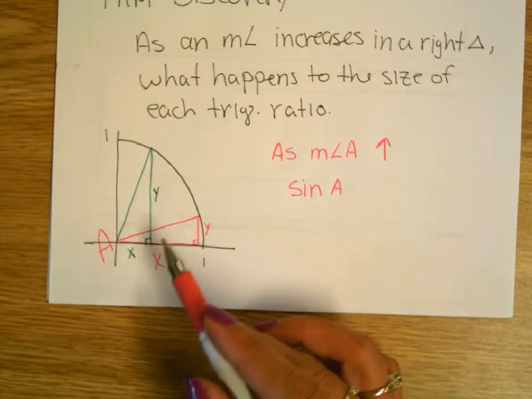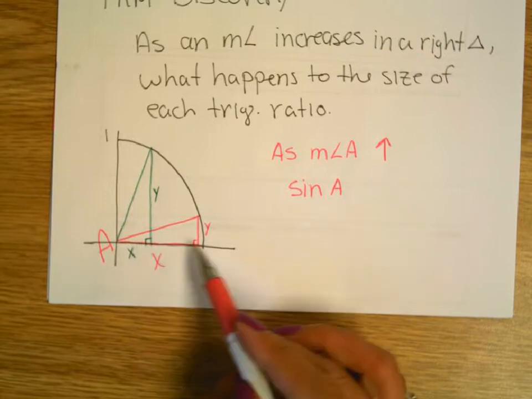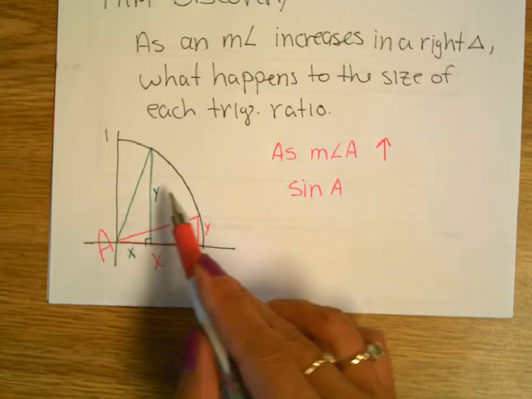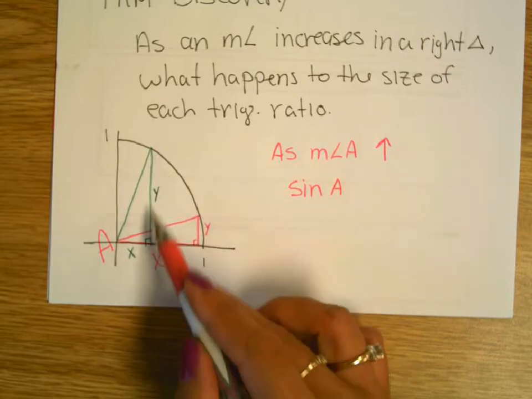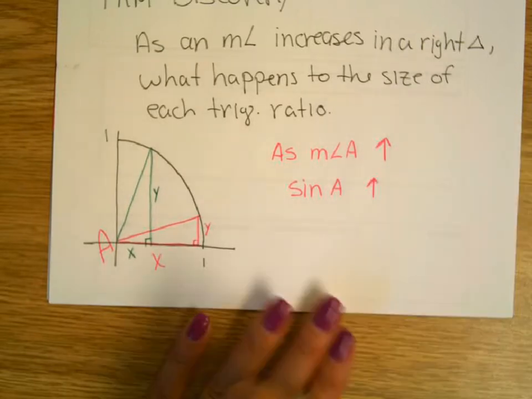Which letter is giving me sine again? X or Y? Y. So, when A is small, you see the Y leg is small. As the angle gets bigger, what's happening to that Y leg? It's getting bigger, which is going to make the sine ratio increase.